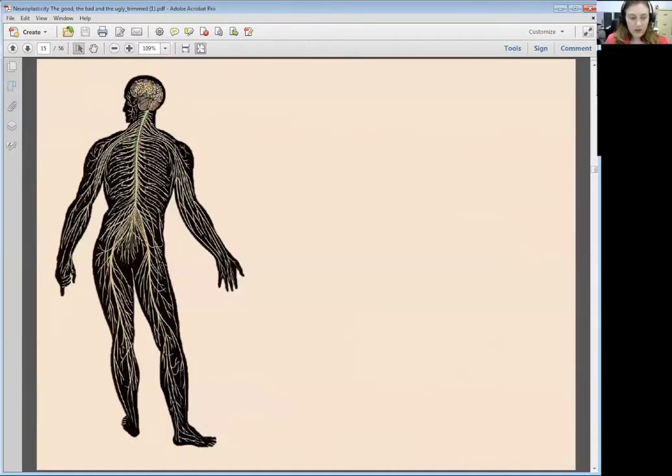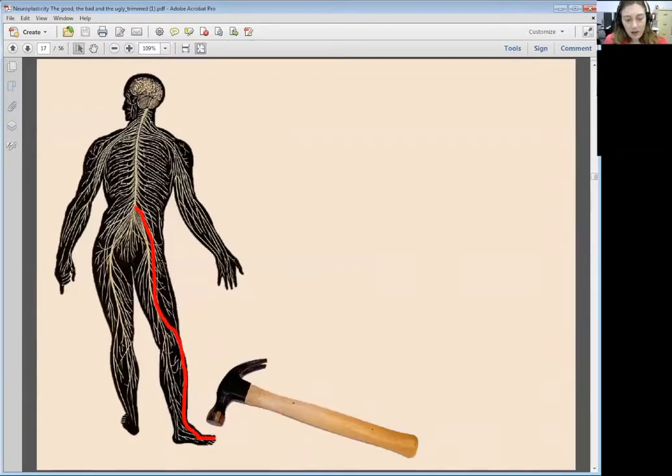So the message is sent up to the spinal cord, then from the spinal cord to the thalamus, and again from the thalamus to that specialized part of the brain responsible for interpreting touch, in this case, potentially damaging touch.